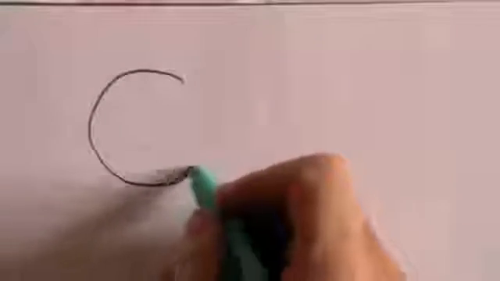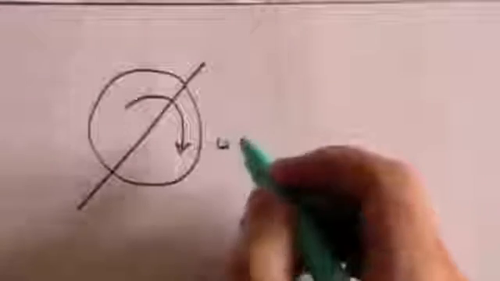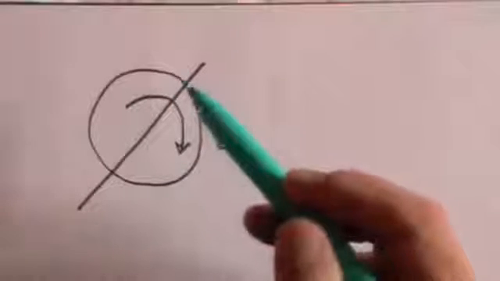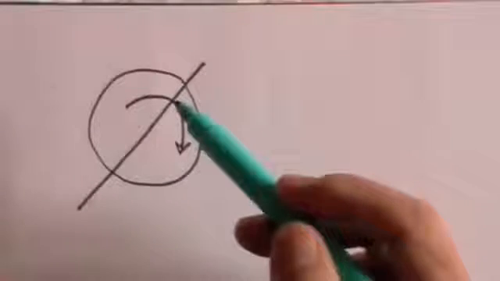So let's start by thinking about a ball. Here's a ball, and we can spin it. We can spin a ball on any axis, but it has to have some axis, so let's have an axis there, and we spin it with a rotational velocity omega. And we say that that spinning ball then has an angular momentum, and the angular momentum vector points along the axis of the spin.